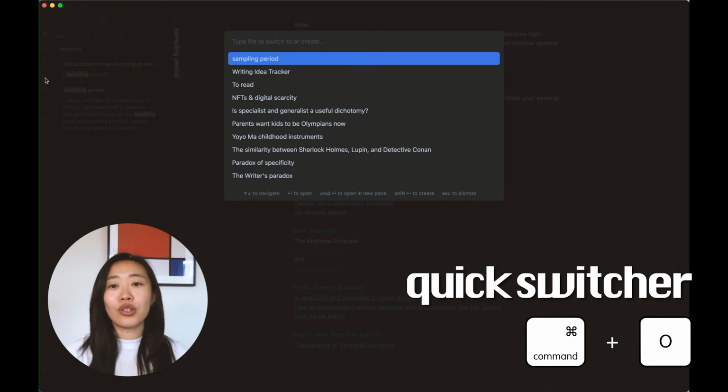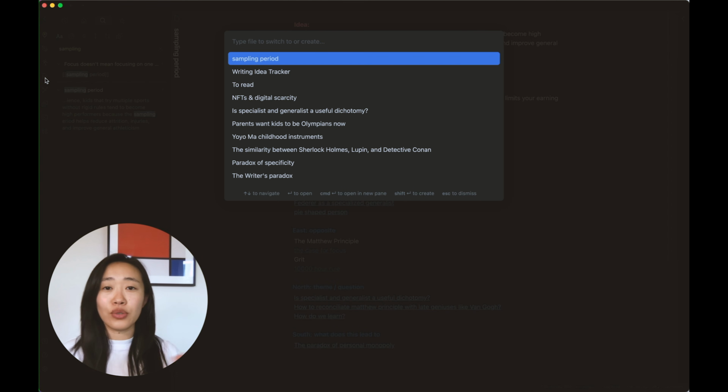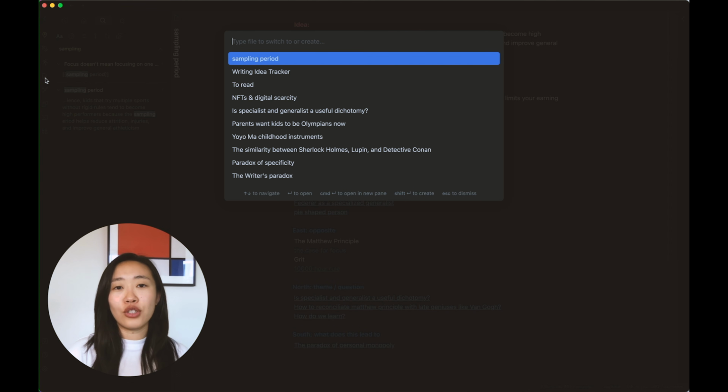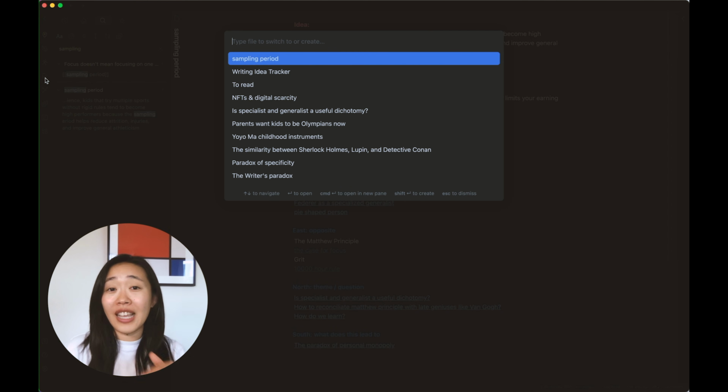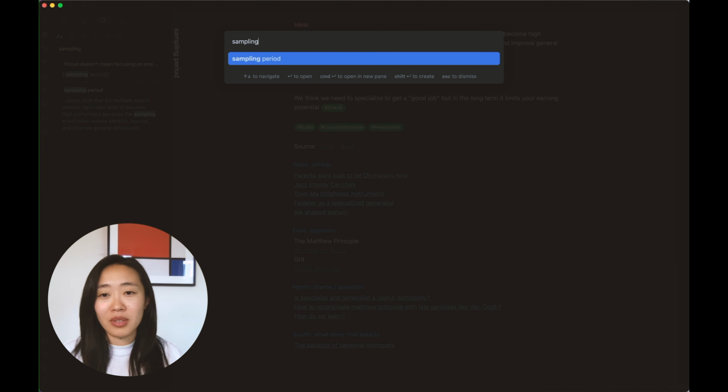Quick switcher gives you a list of all the titles of your notes. So whenever I create a new note, I first open quick switcher and I look for the keywords to see if I already have any notes on this topic. On sampling period, if I type in sampling period, there is nothing there. So I can create this note knowing I haven't worked on this before.